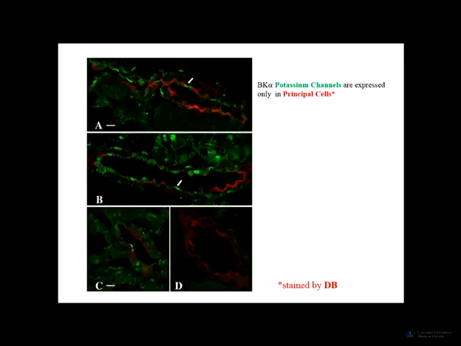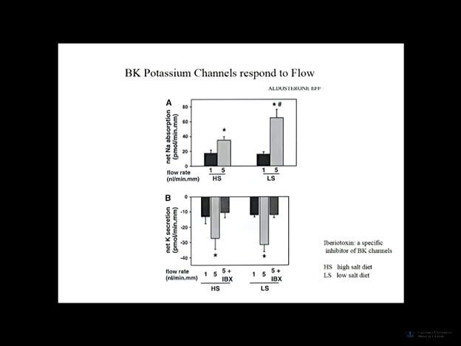Well, it turns out there is another kind of potassium channel that is responsible for this urine flow rate effect, which is called the BK potassium channel. It's present only in the principal cells, and if you look at the flow rate in the presence of a high salt diet, so high salt diet suppressing aldosterone, you still get an effect of urine flow rate.